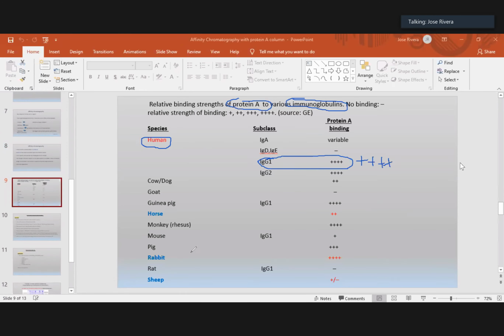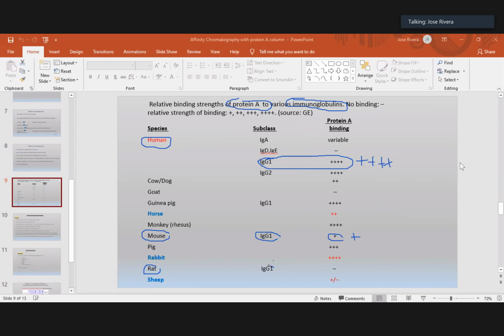But on the other hand, if you take the IgG of the mouse, you can see it doesn't bind as well. So using this procedure, you won't be able to purify IgG from mouse because it doesn't bind really well. And also from rats.